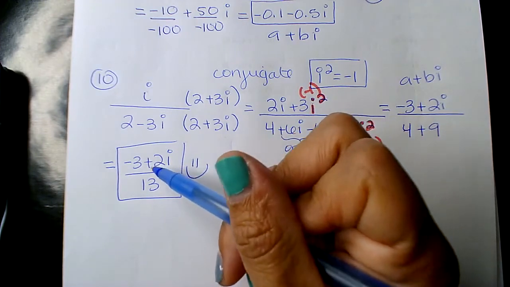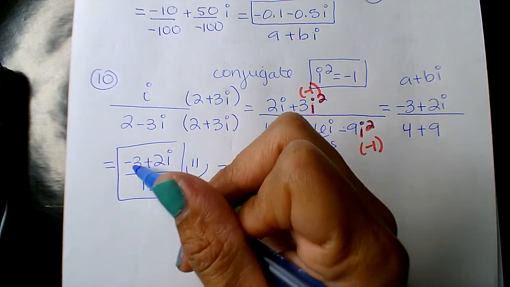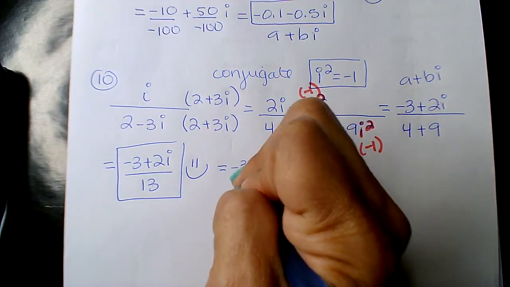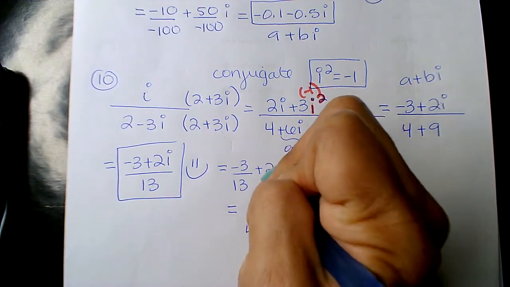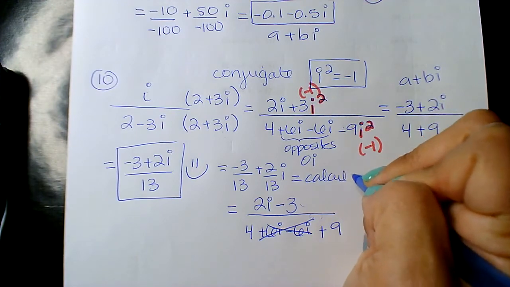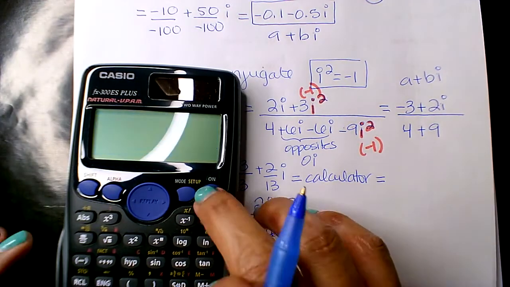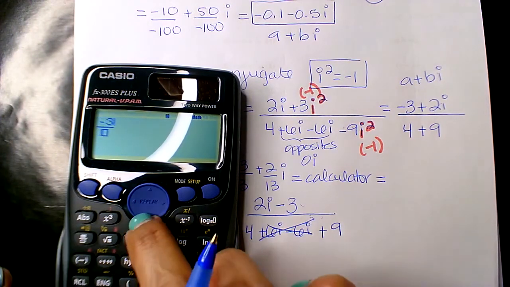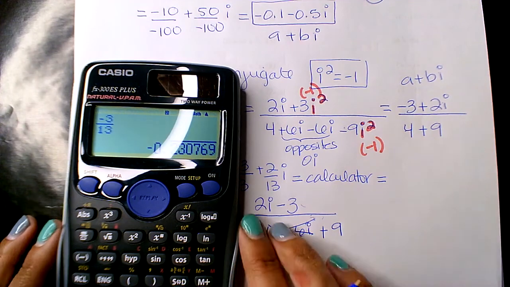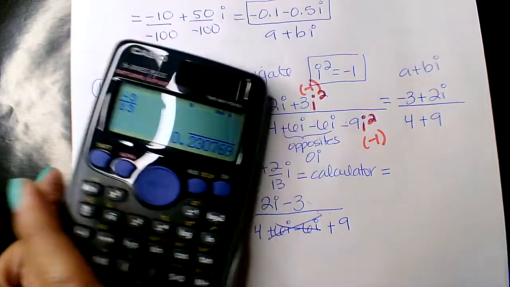If you want to continue, separate the 13 denominator into two separate terms, the -3 and the +2. So what's -3 over 13 plus 2 over 13i? Get a calculator and put that in. So what's -3 over 13? -0.2.